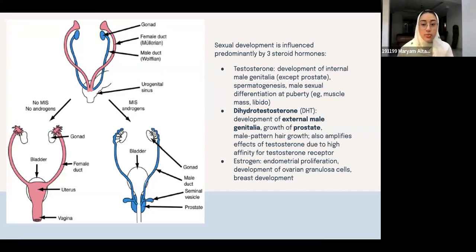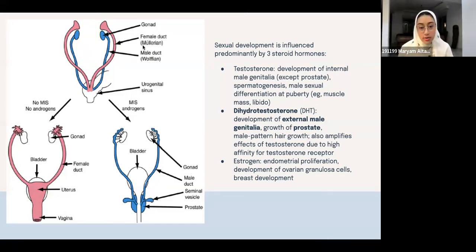So when everything is forming, you have this blue one, which is your Wolffian duct, which is present in males. Your Müllerian duct is present in females. So remember, we said the SRY gene is going to give us two things, anti-Müllerian hormone and testosterone.